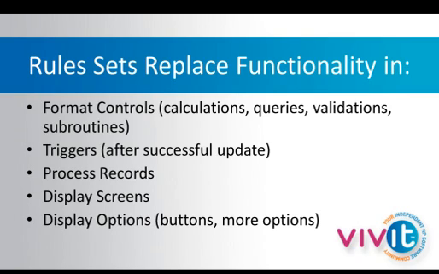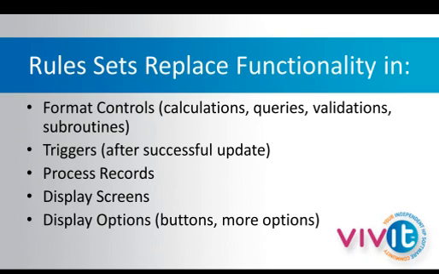So you have after successful update, you've got the old record, new record like you have in triggers, process records. A lot of the code that maybe you would have in a process record, where you're doing this and then going to the next process record, you can replace that functionality in rule sets. Interestingly, a lot of these things like process records, you can still call from rule sets.